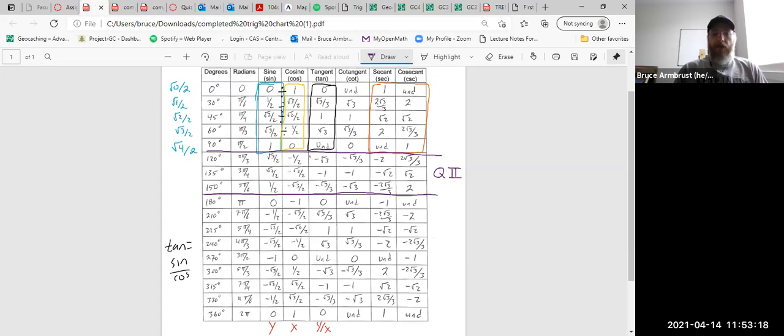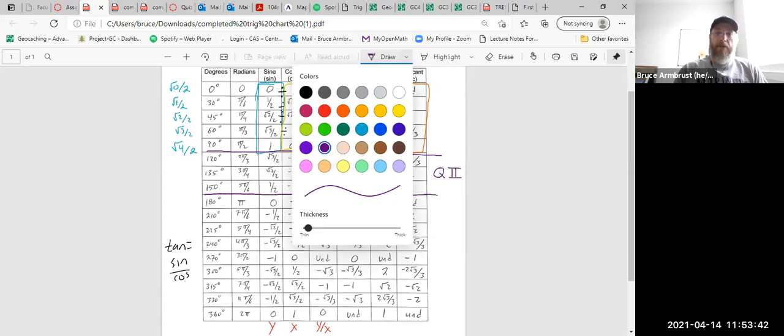And the thing about the quadrant 2 angles is if you look at the pluses and minuses, the pluses and minuses are the same for each one of those angles. Like notice it here, the sine is positive for all of them. Cosine is negative for all of them. Tangent is negative for all of them, and so on. So the quadrant 2 angles all share the same plus or minus sign.